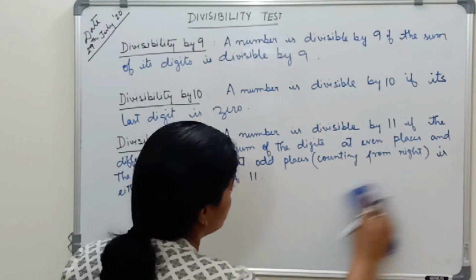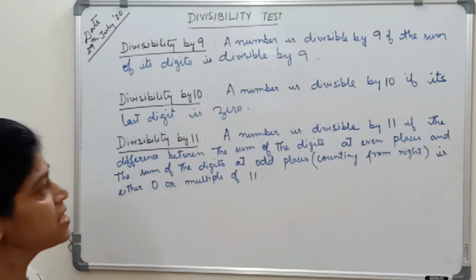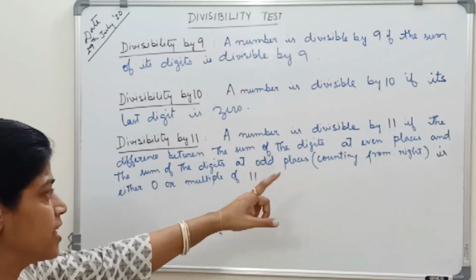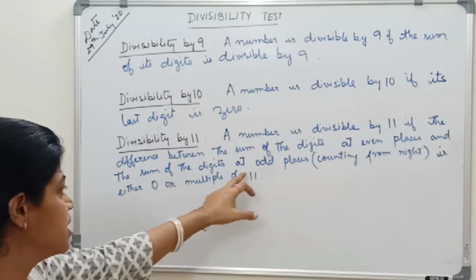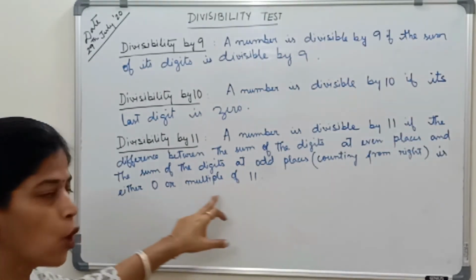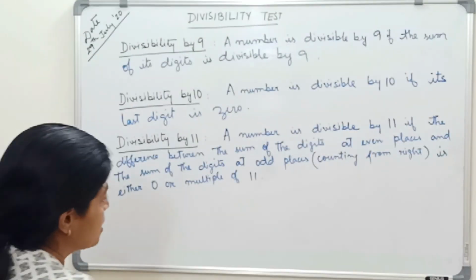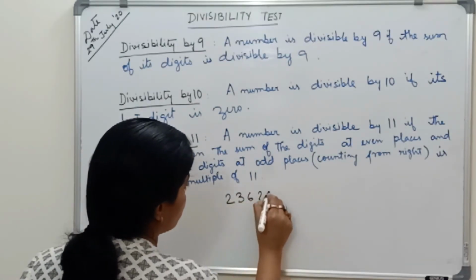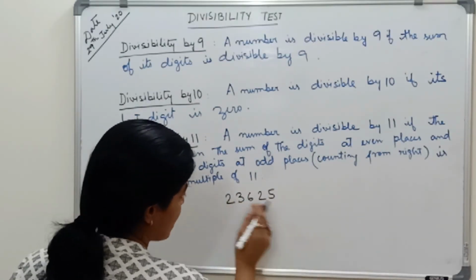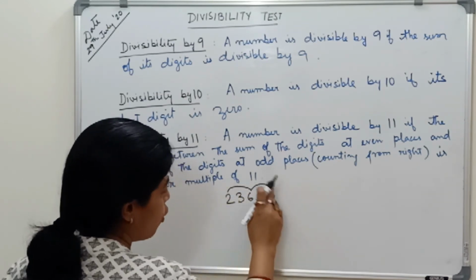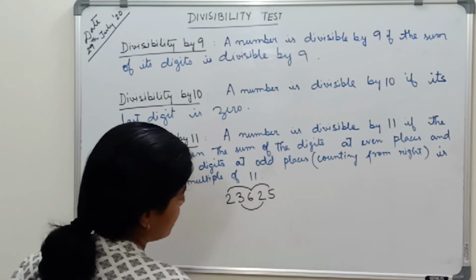Now coming to 11. A number is divisible by 11 if the difference between the sum of the digits at even places and the sum of the digits at odd places, counting from right, is either 0 or a multiple of 11. So if I take a number 2, 3, 6, 4, 5, counting from the right side, I have to add all the digits at the odd places and all the digits at the even places.